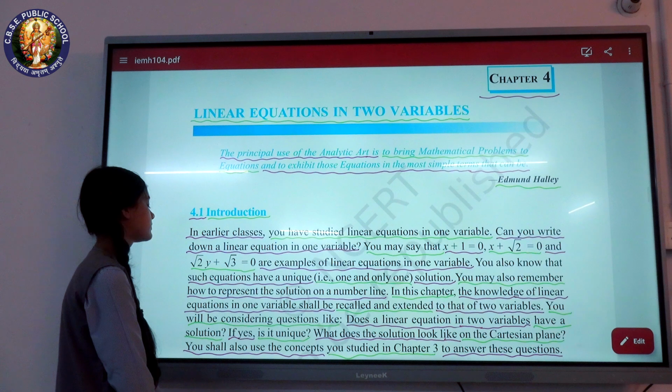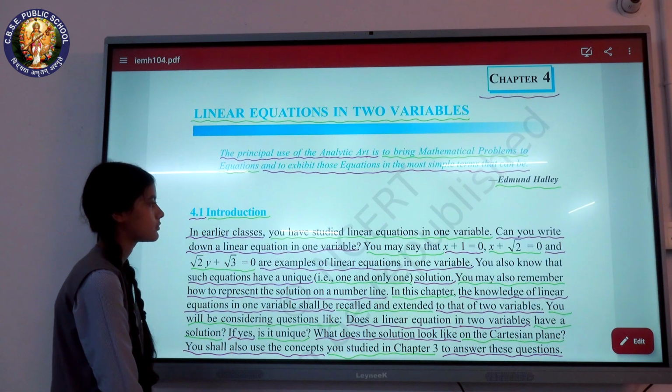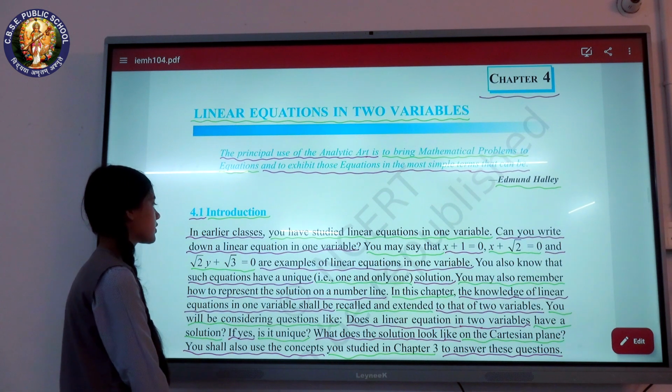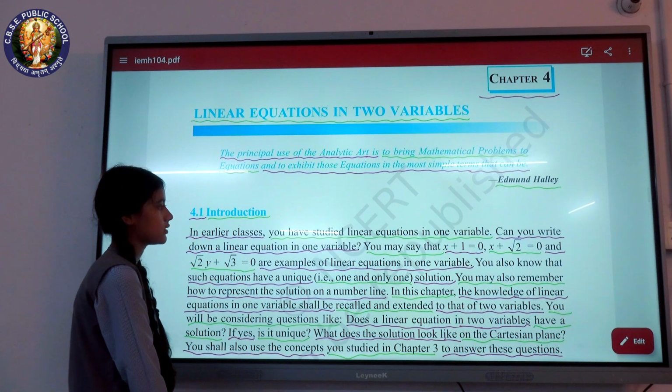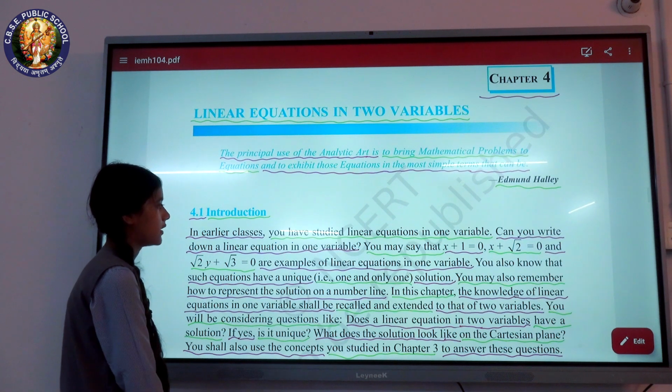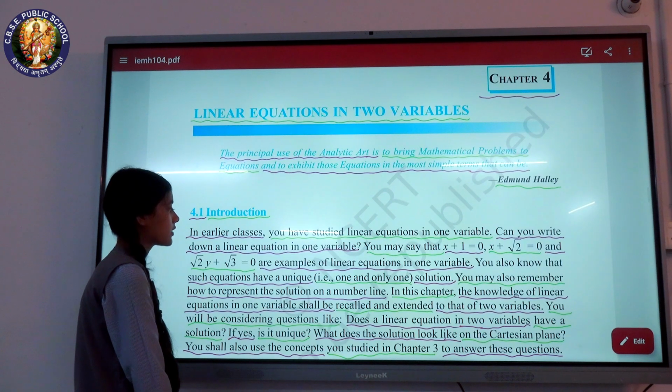4.1 Introduction. In earlier classes, you have studied linear equations in one variable. Can you write down a linear equation in one variable? You may say that x + 1 = 0, x + √2 = 0, and √2y + √3 = 0 are examples of linear equations in one variable.